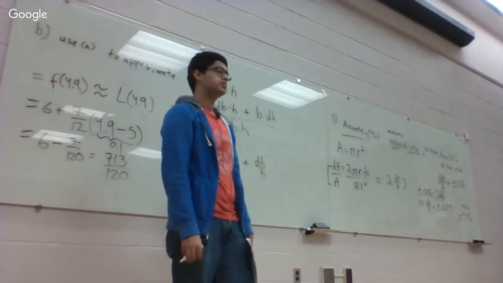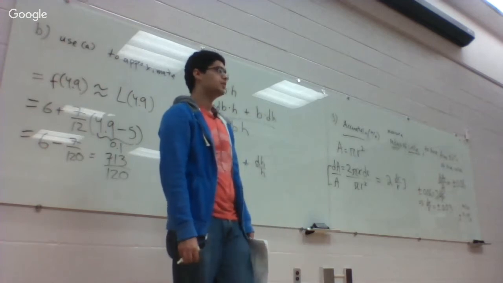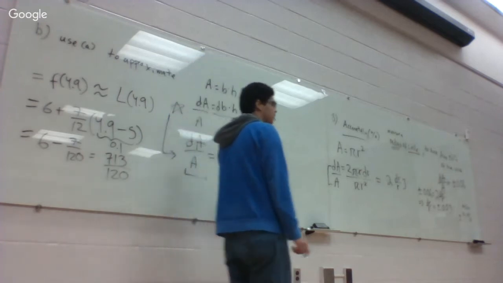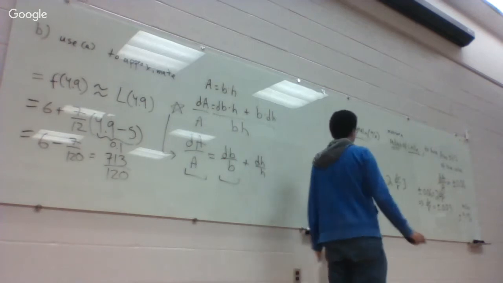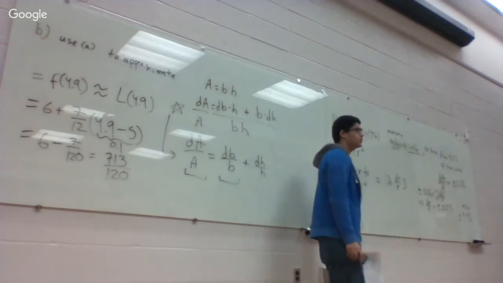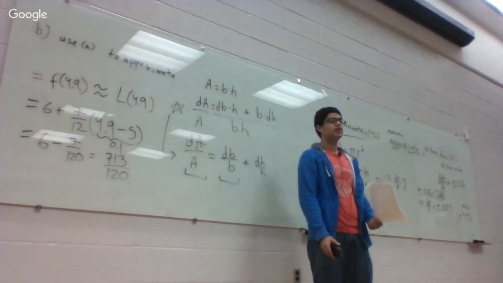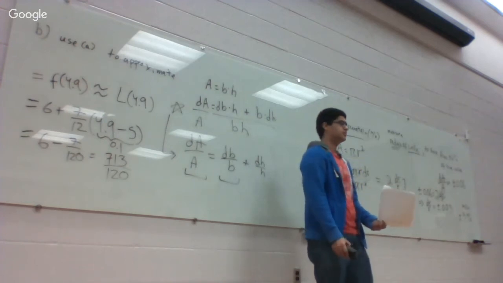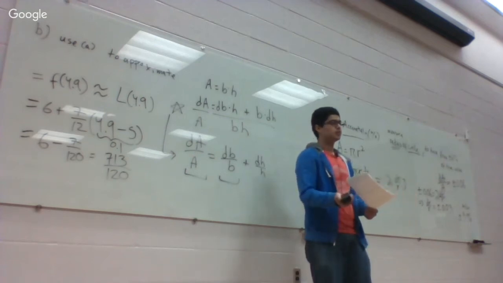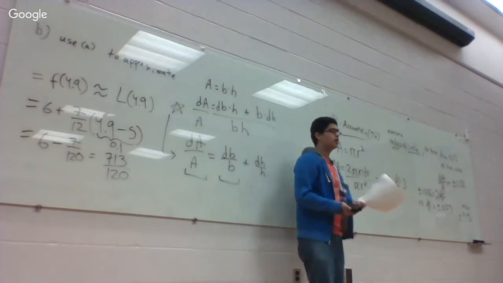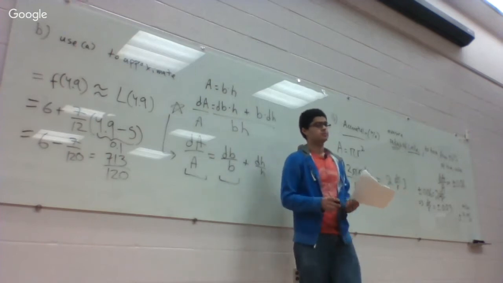But I do believe they'll give this. Just in case though, what's the surface area of a sphere? What's the formula for that? I just said 4 pi r squared. Volume of a sphere: 4/3 pi r cubed.